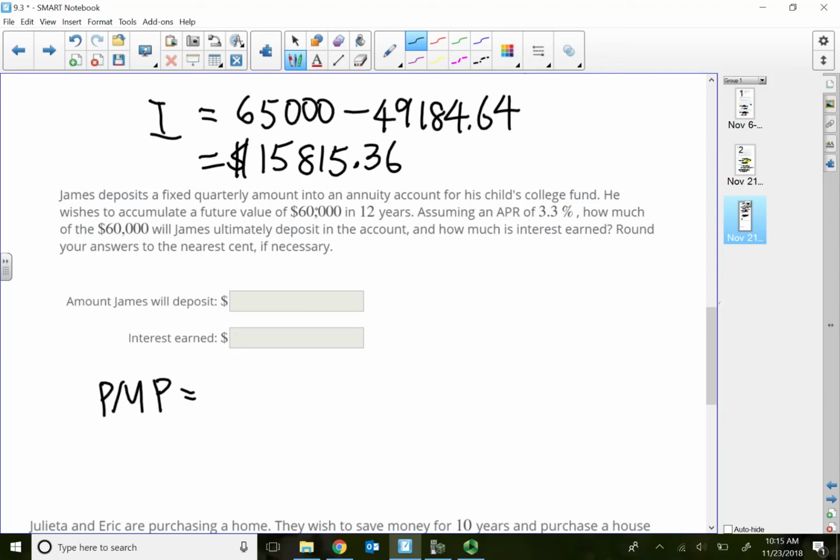Alrighty, so our payment will be, ultimately the future value we want is 60,000. I'm just looking at that formula above me.